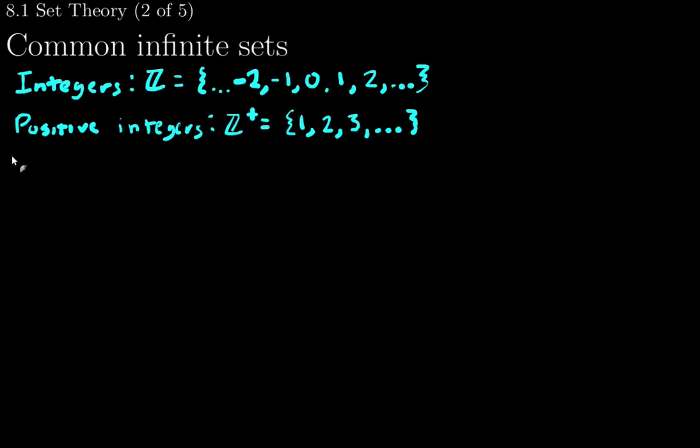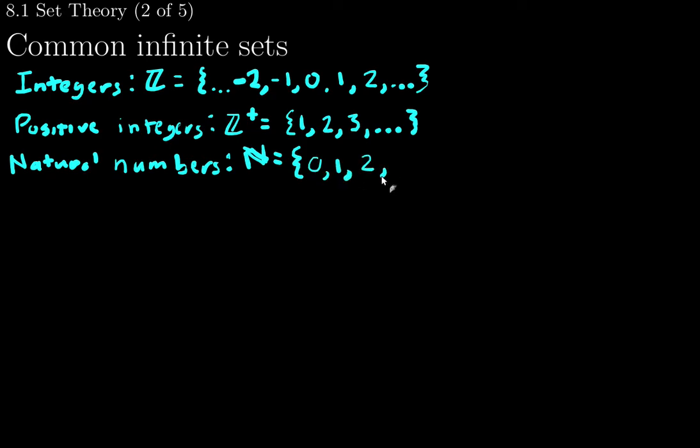We also have the natural numbers. The natural numbers will be notated as this N with 2 bars down the middle. And for purposes of our class, we'll let the natural numbers be the integers greater than or equal to 0.